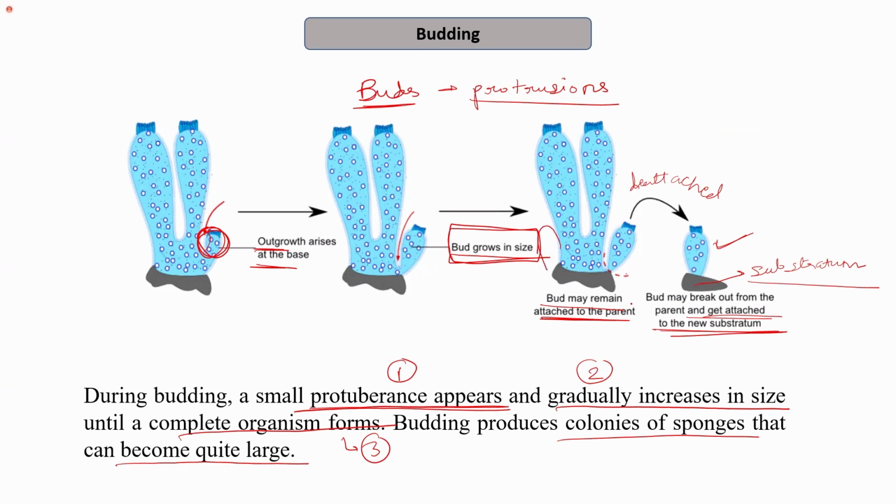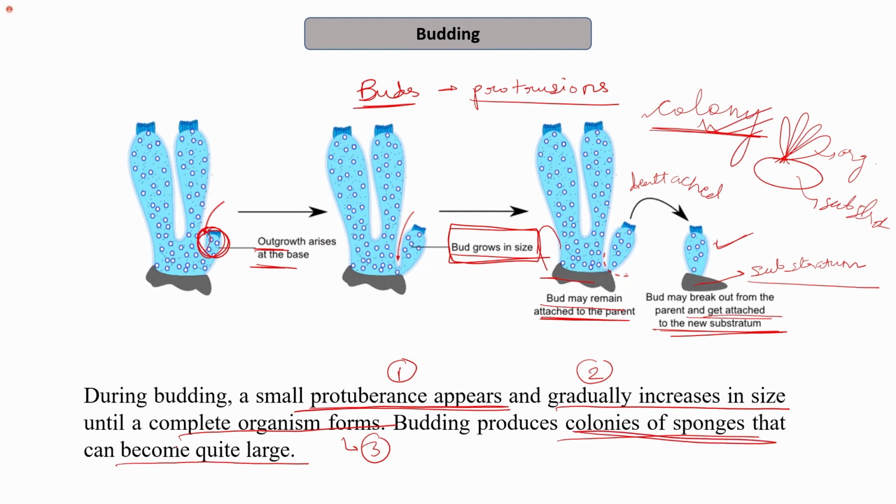In that way, there are many organisms that remain attached to the same substratum, or the base, leading to the formation of a colony or colony-like structures. Budding produces colonies of sponges that can become quite large if the bud does not break out from the parent cell.